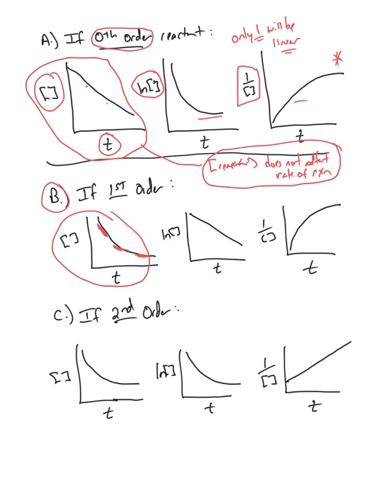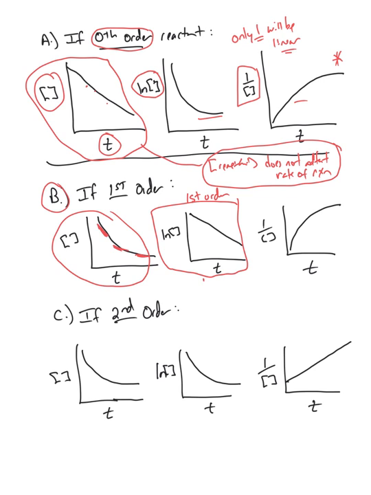Now we can see that the linear plot is the ln, the natural log of the concentrations versus time. Okay? So now if this graph is linear, I know that it's 1st order. So we're proving it's 1st order by looking at this graph.